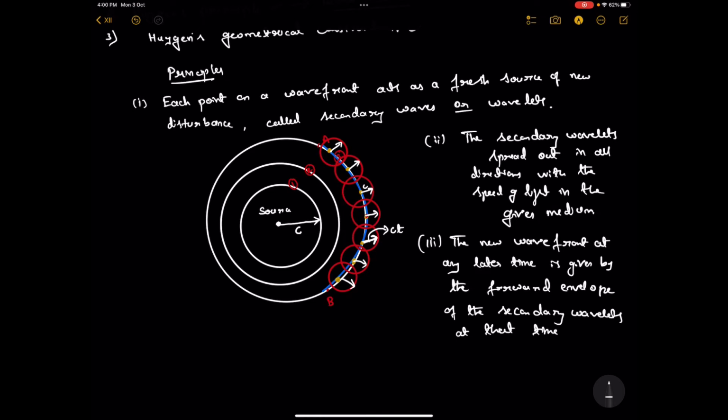Meaning of that, these all red colors are the secondary wavelets. And the meaning of forward envelope here is the tangential surface in the forward direction.